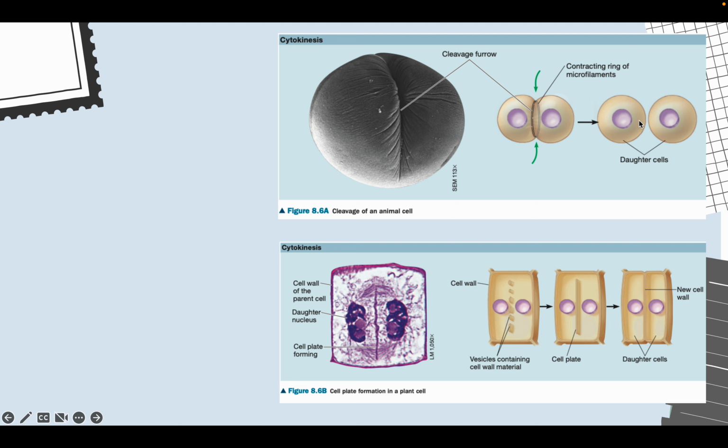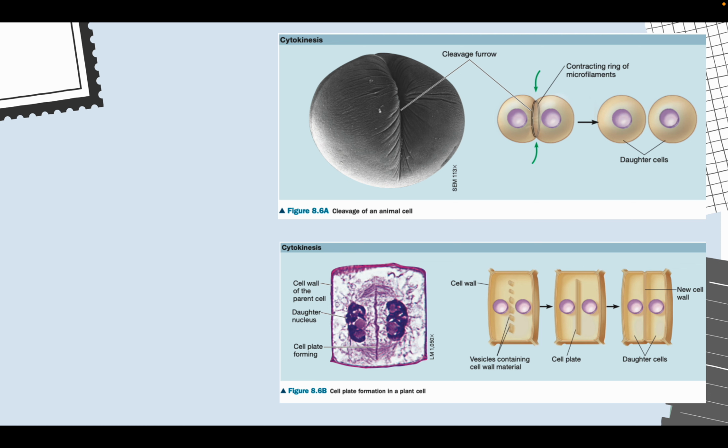While in plants, what happens in plants? Okay, plant cells form a cell plate to create a new cell wall. Cell plate. This is the cell plate. So in animal cells, we have a contractile ring, while in plant cells, we have a cell plate.